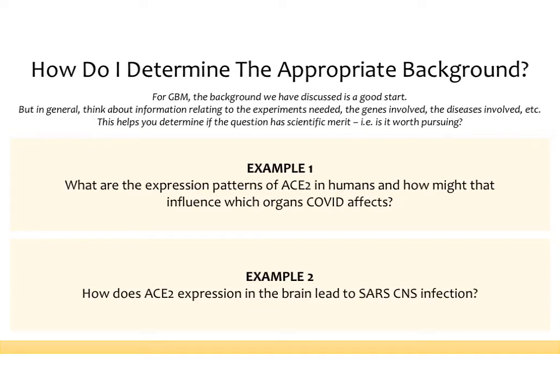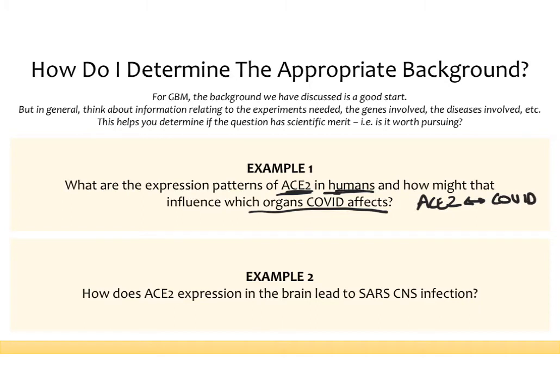So one example would be, you might ask, what are the expression patterns of ACE2, which is a gene, in humans, and how might that influence which organs COVID affects? A presupposition of this question is that ACE2 means something about which patients or which organs COVID infects.